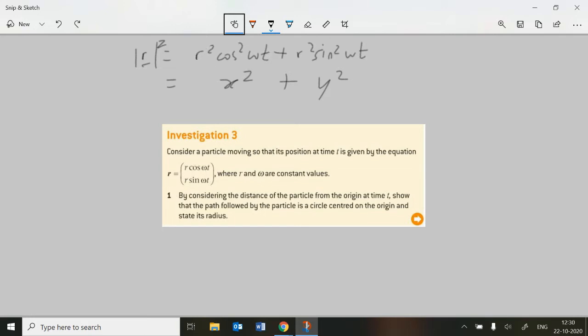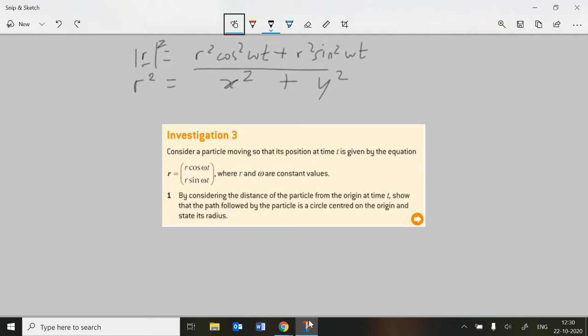So we've got our displacement squared, or our distance squared, which is r squared in this case, is equal to this, which is essentially our distance. So in terms of your normal equation of a circle, we are done. This is a constant here being squared. In terms of the distance at any given particular point, that's equal to x squared plus y squared. So when I say at any given point, I mean any given time. Okay, so that is the equation of a circle.